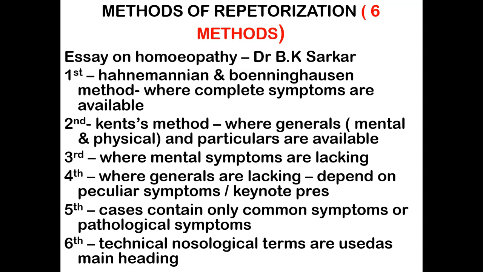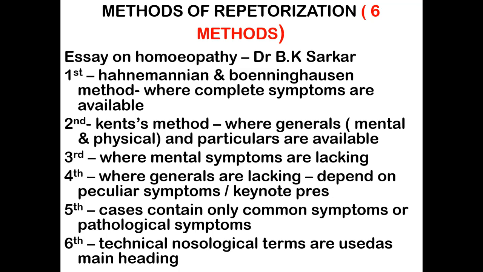So in Kent's method, there are generals, mental and physical. Here, Kent gives importance to mental as well as physical. Many times the question is like this: in the Hahnemannian and Boenninghausen method, where complete symptoms are available.